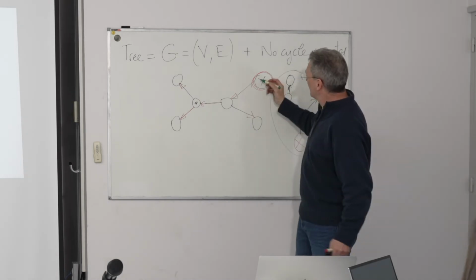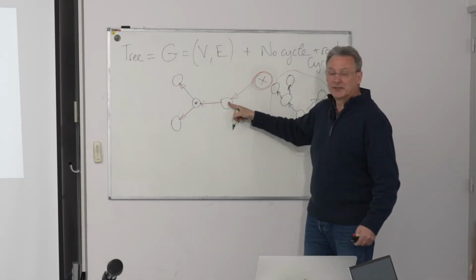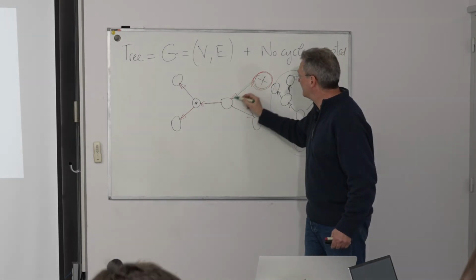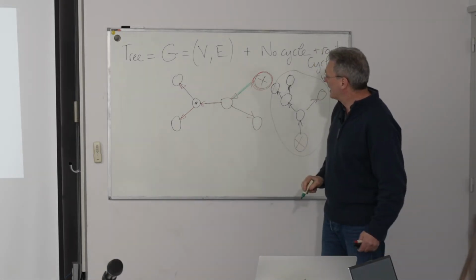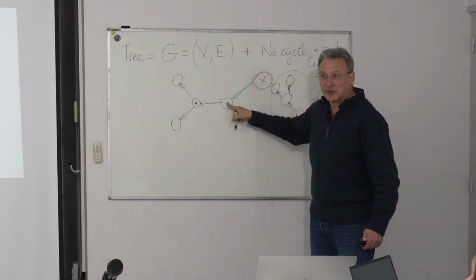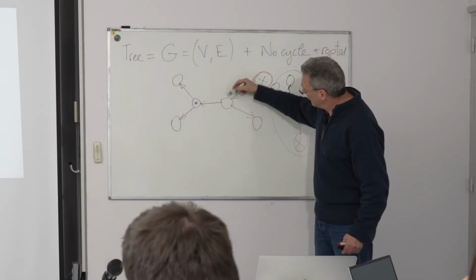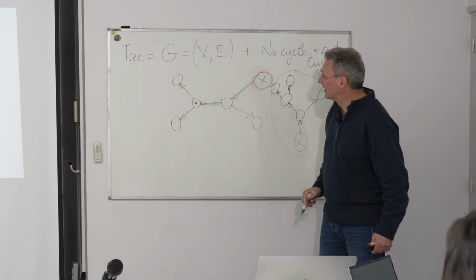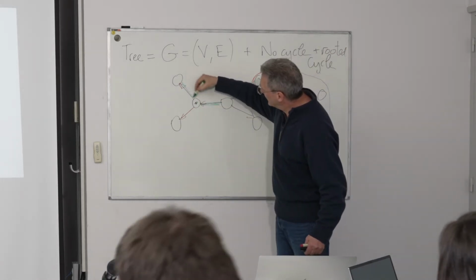So for instance, this one has one child, so this one will be special. I indicate this by a green arrow. This one has two children, so I will choose one of the two to be special. I take this one. And this one has two, so I choose one to be special.